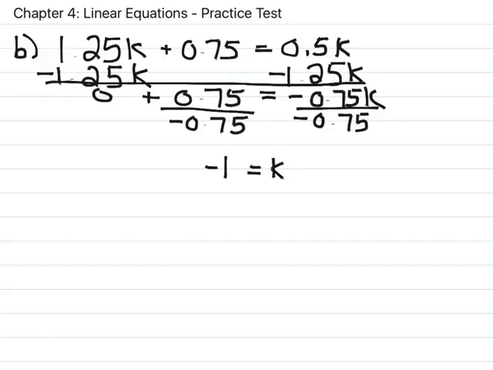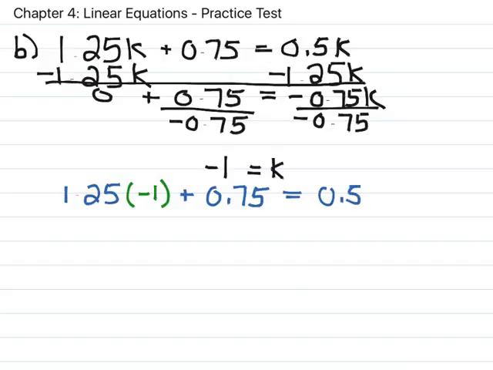So again, to check this, we have 1.25 times negative 1 plus 0.75 equal to 0.5 times negative 1.